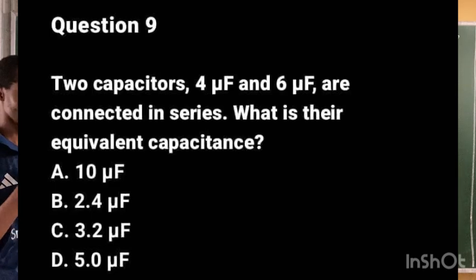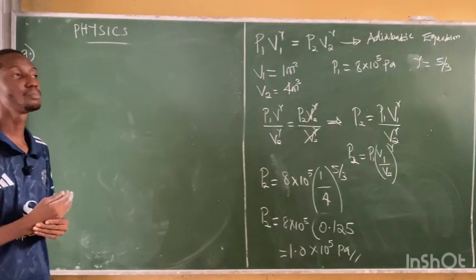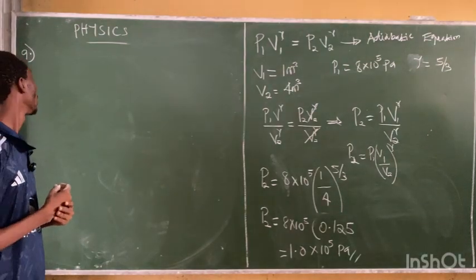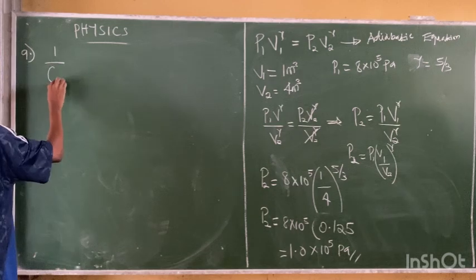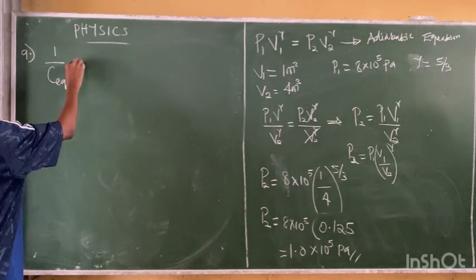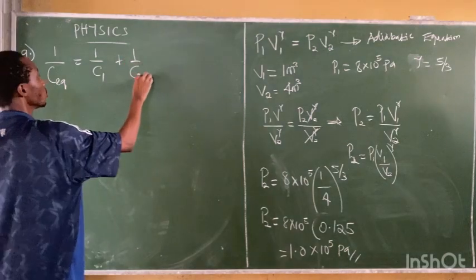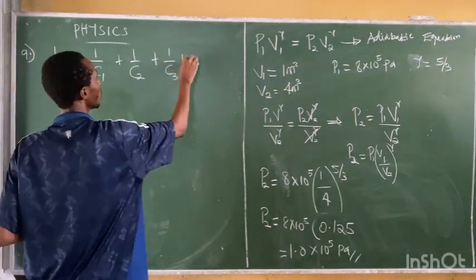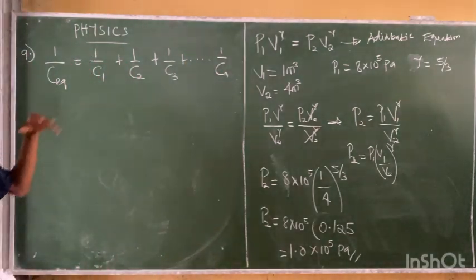We have the options there, A, B, C, and D. The term capacitance simply means the ability to store electric charge. For series connection, we have 1 over the equivalent capacitance is equal to 1 over C1 plus 1 over C2 plus 1 over C3 plus 1 over Cn. So any number of capacitances.